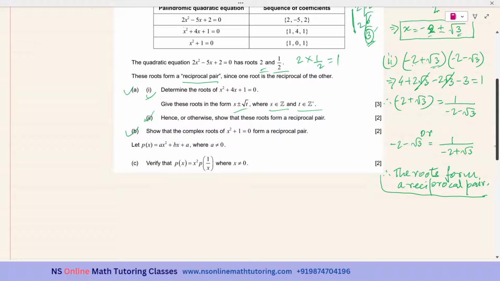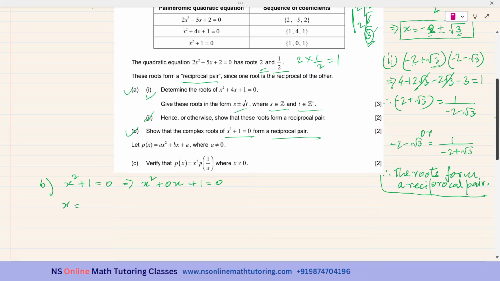Part B: show that the complex roots of x squared plus 1 equal to 0 form a reciprocal pair. For this also we have to use the quadratic formula. This can be written as x squared plus 0x plus 1 equal to 0.